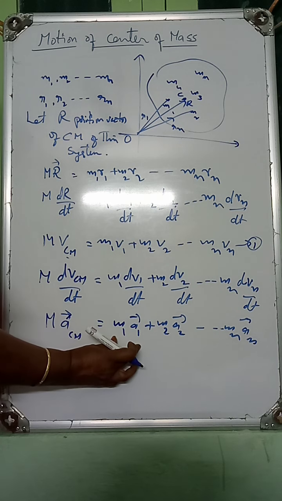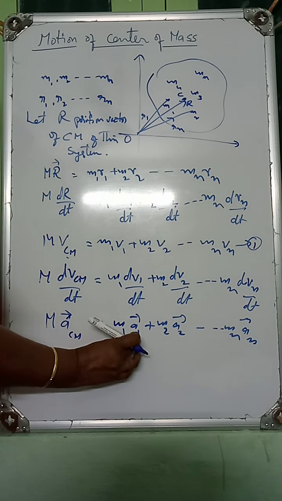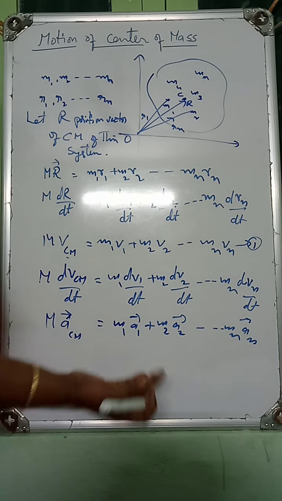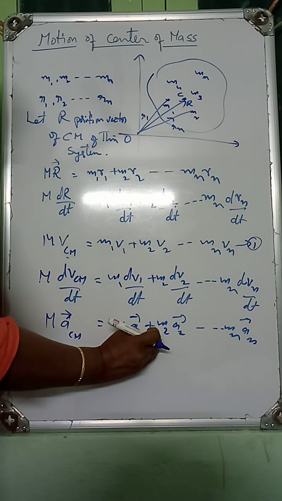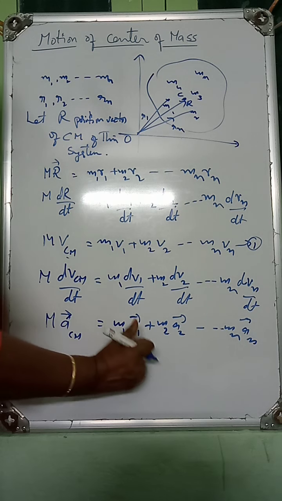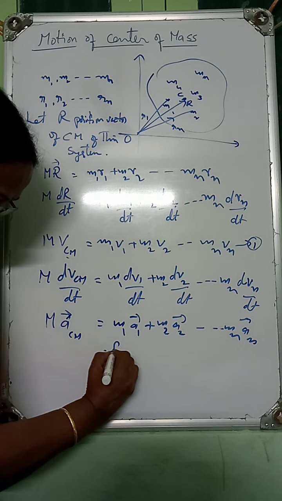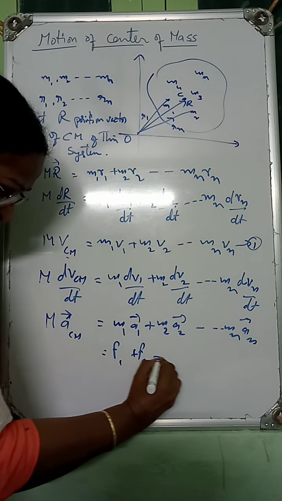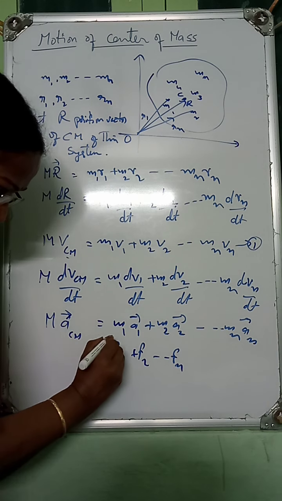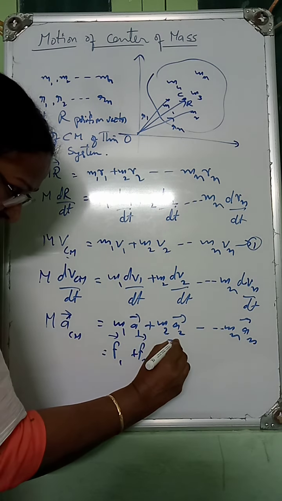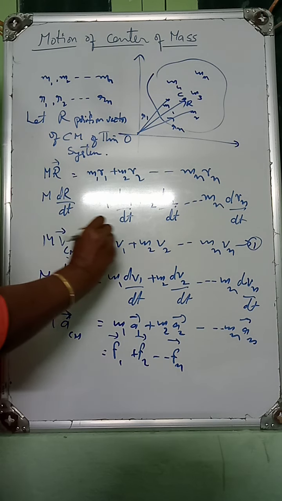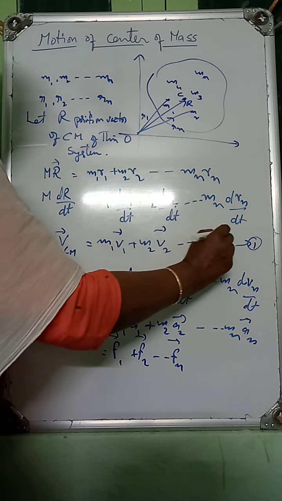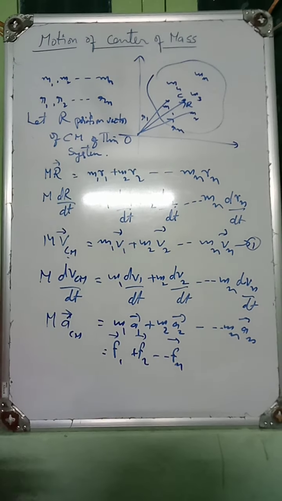What is m1 a1? The force experienced by the first particle. According to Newton's second law, ma is nothing but force. So this is the force experienced by the second particle. That is, you can write it as F1 plus F2, and so on up to Fn. Force is also a vector quantity. All are vectors. Here velocity is also a vector. Momentum is also a vector.